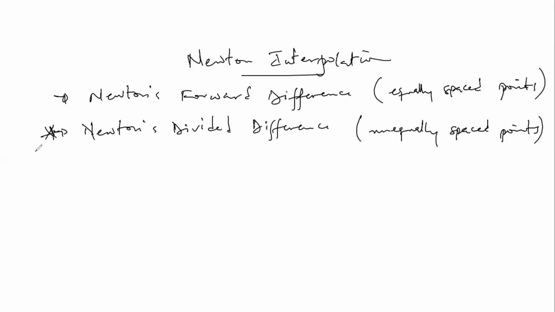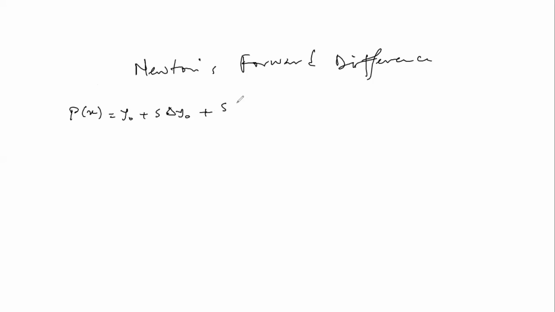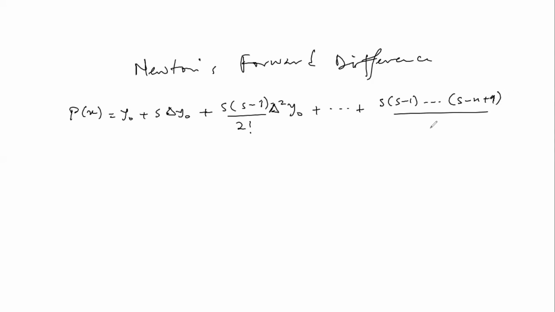For Newton's forward difference, which is used for equally spaced points, the formulation is such that P of X is the same as Y naught plus S delta Y naught plus S times S minus 1 over 2 factorial delta squared Y naught, plus all the way to S times S minus 1 all the way to S minus N plus 1 over N factorial delta N Y naught.